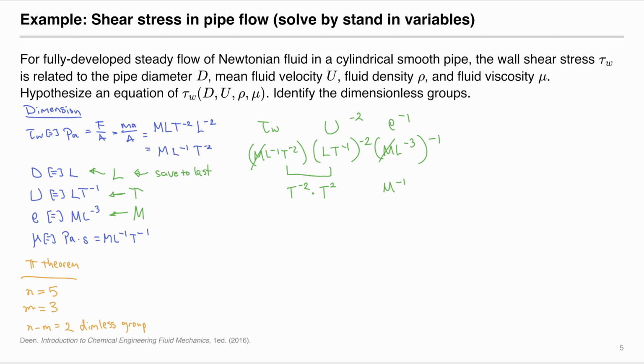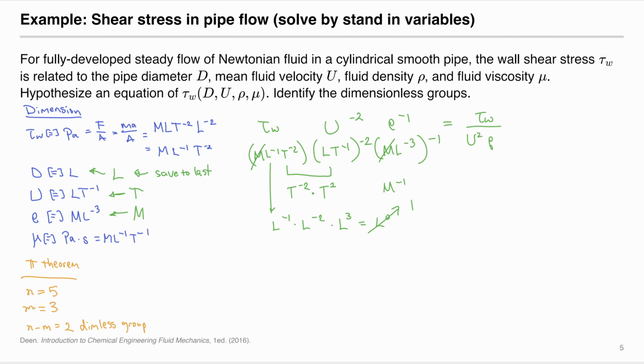And finally, I'll deal with L. Here I have L to the minus 1 times L to the minus 2 and multiply by L to the positive 3. So this is L to the 0. So it already non-dimensionalized itself. Here we have arrived at our first dimensionless group, which is tau W divided by U squared times rho.